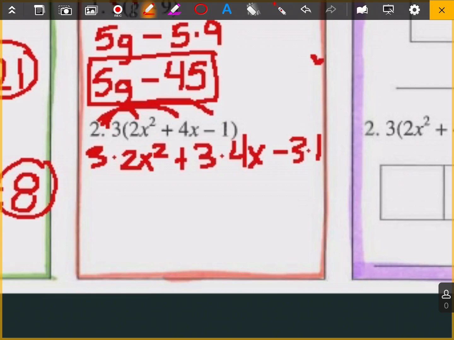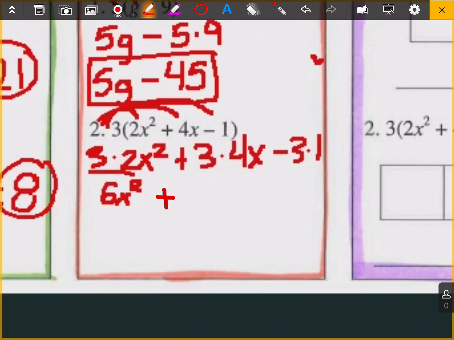I'm going to go through and solve each of these pieces. Again, remember, if there is a variable, you can't combine the numbers and the variables. The variables just stay exactly the same. So really here, what we're going to do is just do 3 times 2, which gives us 6, and bring down the x squared because we don't know what the value of x is.